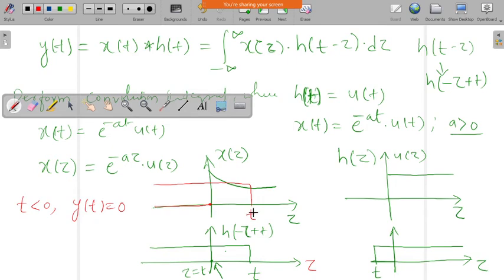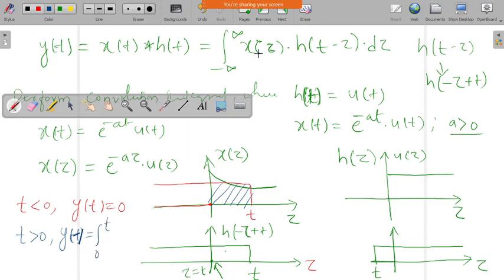I don't know the value of t, but there is an overlapping region. So which is the overlapping region? It is whenever t is greater than 0, and the multiplication gives the value. So your integral exists between 0 to t.